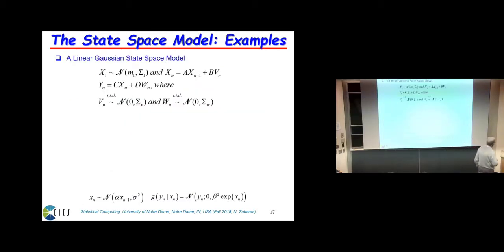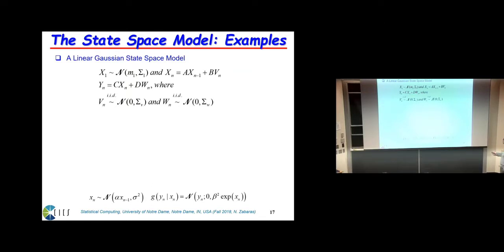This is called the state space model. So I am going to give you some examples. The easiest example is a linear Gaussian model. If some of you have taken control theory or something like that, this is something you will see there all the time. So the transition model looks like that. The noise is Gaussian, but the observation model is also linear.